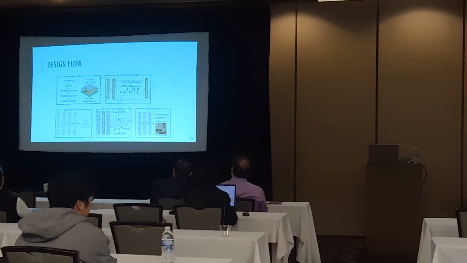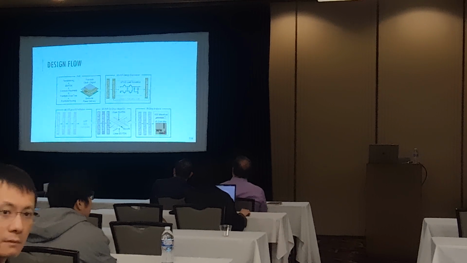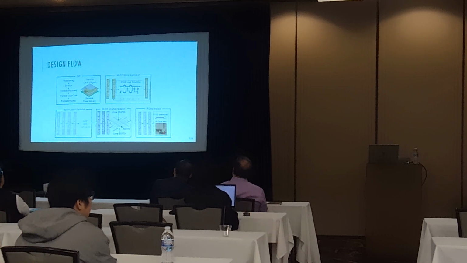And then, based on the spec and the requirements from the front side devices, we're going to start designing the back side. First of all, we decide upon the type of the IVR devices, and also the schematic and sizing. We do that as the first step.